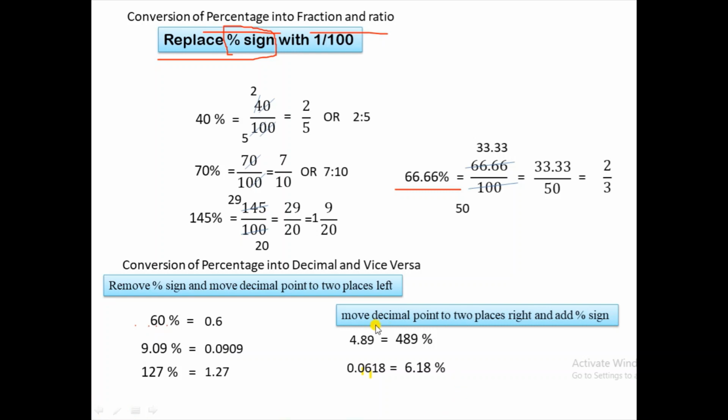So while converting percent into decimal, two places left. While converting decimal into percentage, just two places right and add the percentage sign. Two places left, two places right. That is going to be the basic thing.